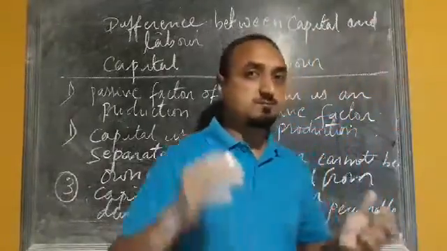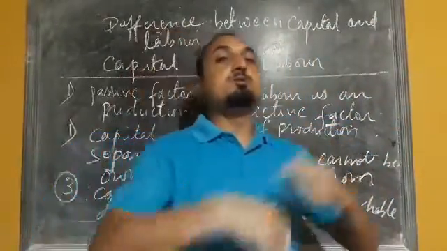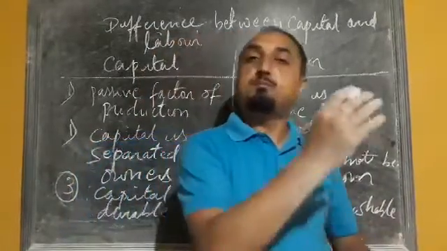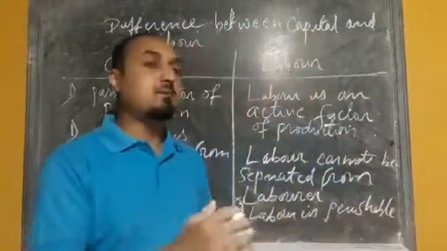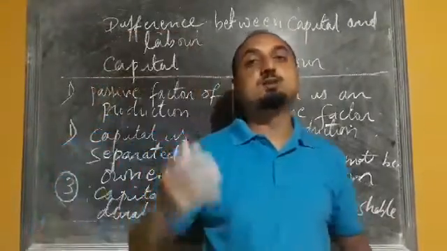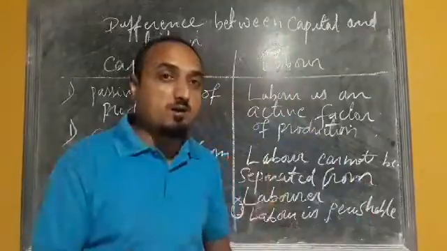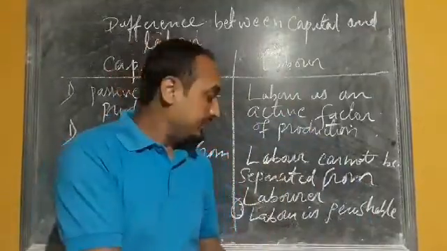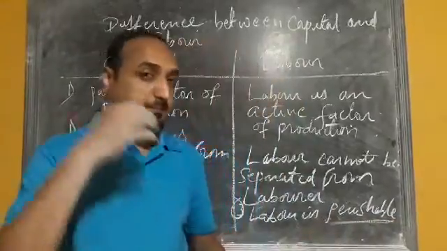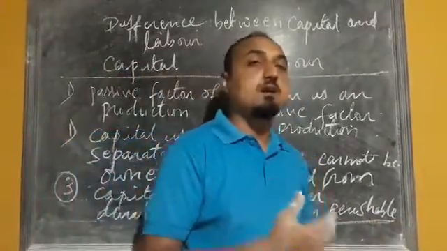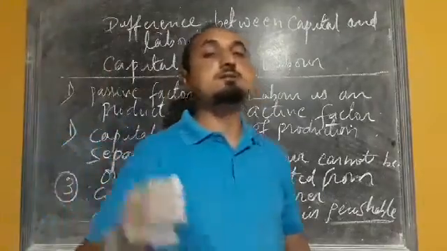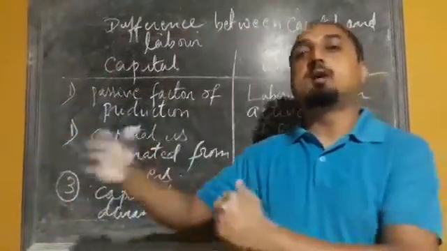Perishable means if you don't use that labor for a particular day, his labor will be wasted for that day. Once we are not using him, he may forget his talent, knowledge, skill, he may become dull, he may lose his quality. That's why it is called perishable. It will start losing talent and skill, whereas capital is durable. Machinery and equipments can be used for a very long time period.